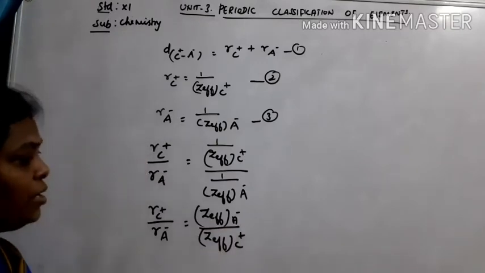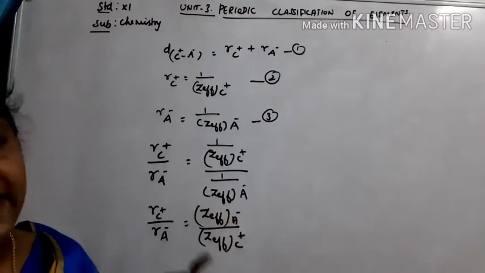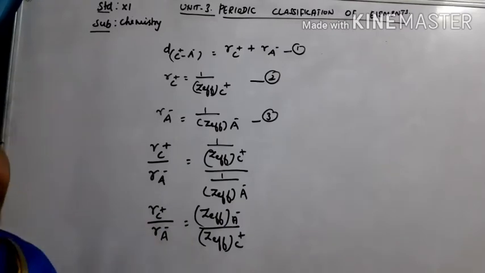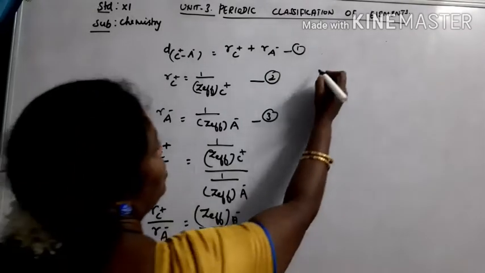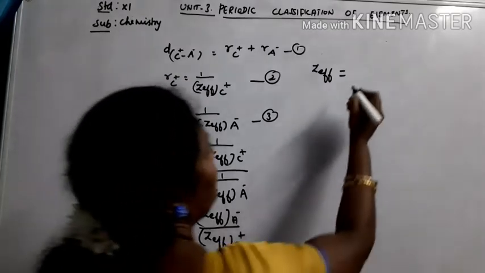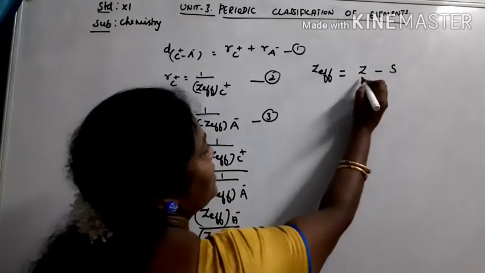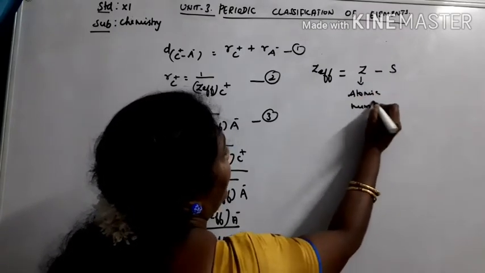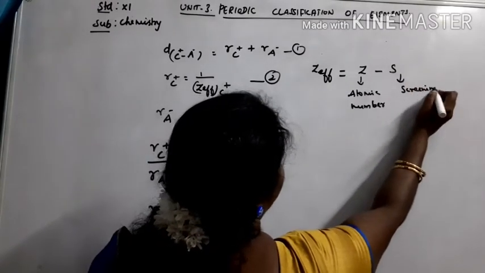So if we know the effective nuclear charge of the cation as well as the anion, with the help of that we can calculate the radius of the cation as well as the radius of the anion. I already taught you how to calculate the effective nuclear charge, isn't it? The effective nuclear charge is calculated using the formula Z minus S, where Z is the atomic number and S is the screening constant or shielding constant.